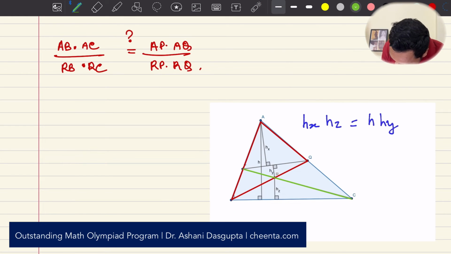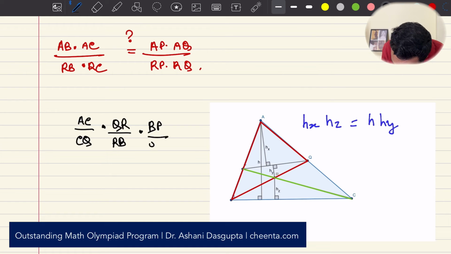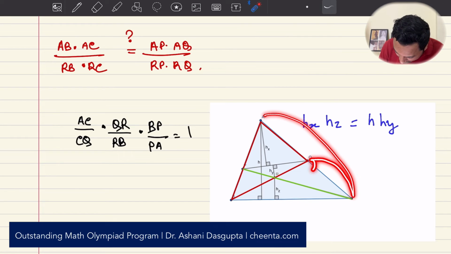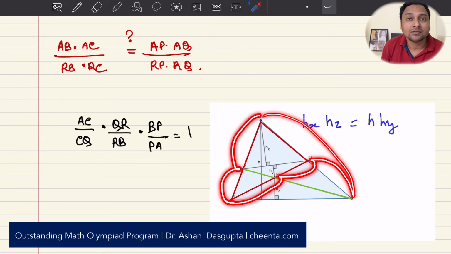I know that AC over CQ times QR over RB times BP over PA equals 1. That's how I remember. I just go around the triangle.